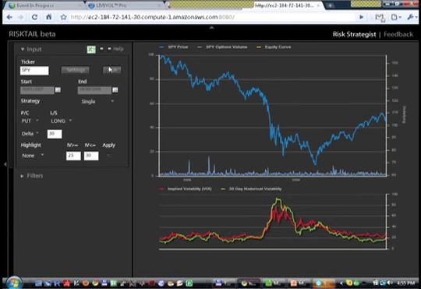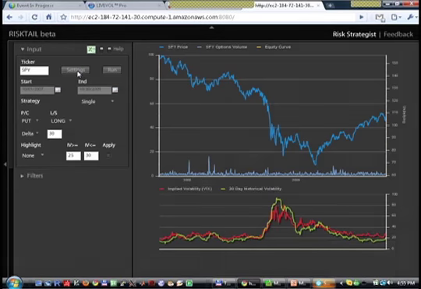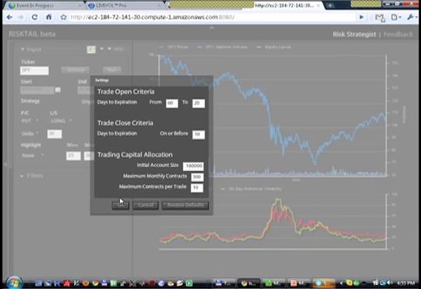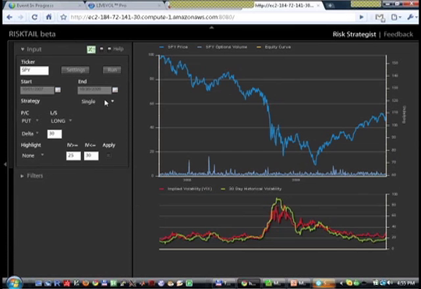The way you use it is you specify parameters for trading and asset allocation criteria on the left, and then you see some output to the right. So let me do an iron condor. We're going to do it short, and I'll do 18 delta. That's a short delta. It's going to be symmetric, and hit run.